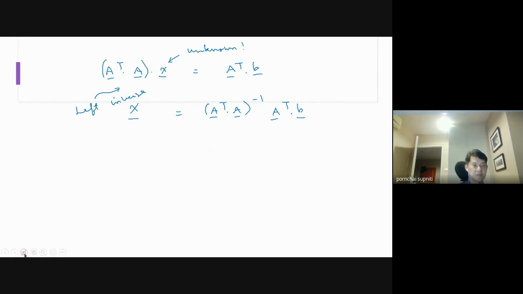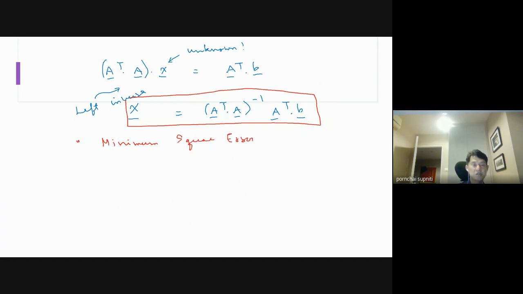Here we use the orthogonality principle for the approximation. So this is what we have for X. That's all. It turns out that this can also be called a minimum square error approximation, or estimation. You can say that as well.